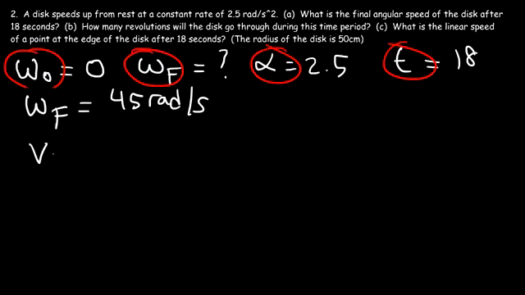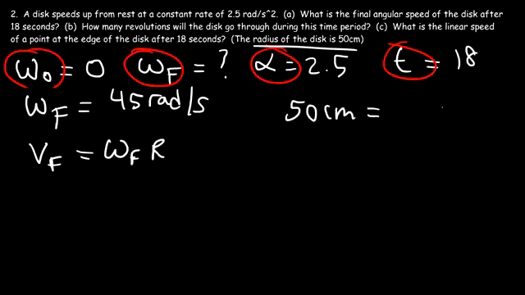So to find the final linear speed from the final angular speed, it's just omega times r. So we just got to multiply these two values. And we have the radius of the disk. It's 50 centimeters, which is equivalent to 0.5 meters. So keep in mind, 100 centimeters is equal to 1 meter. So you got to divide 50 by 100 to get 0.5 meters.